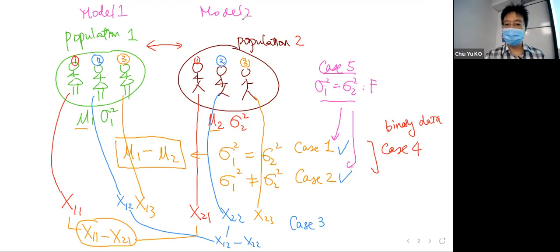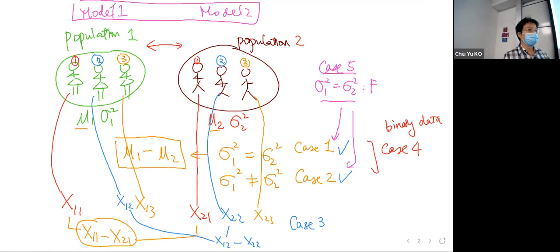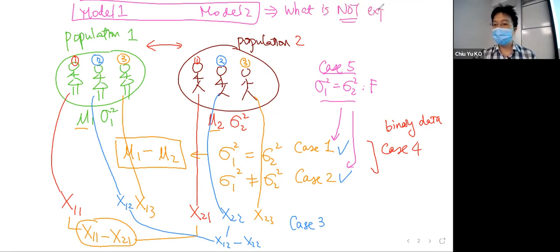Okay, so let me read the statement here. I have 2 models here, and you want to decide which model you want to use. How do you decide? You look at what is not explained by the model. For each observation you can have a part not explained, right?